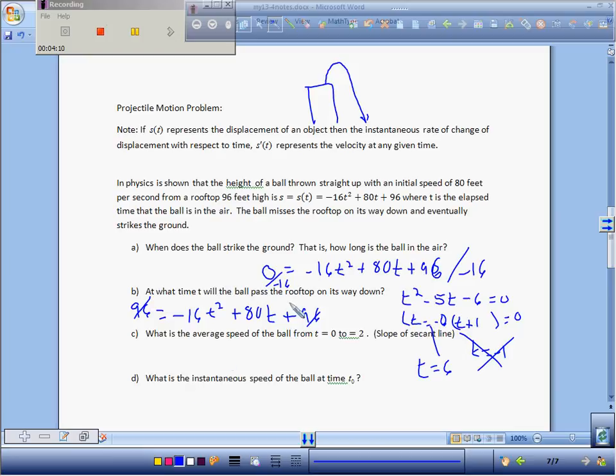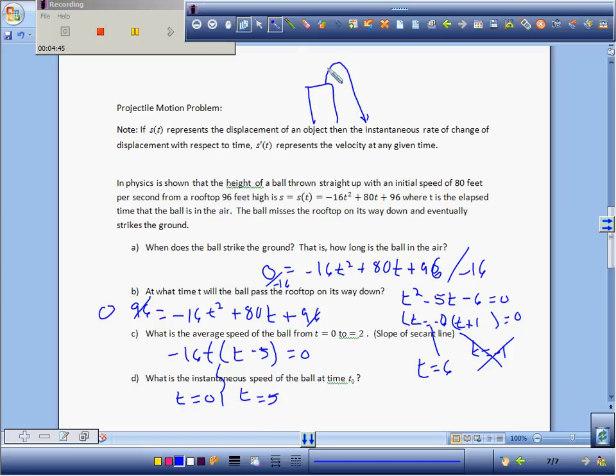Now I can factor out a negative 16t times t minus 5, and I set that equal to 0, because I cancel these out, which makes this side 0. So then you can factor this, and either t equals 0 or t equals 5. And t equals 0 corresponds to where it starts, of course.